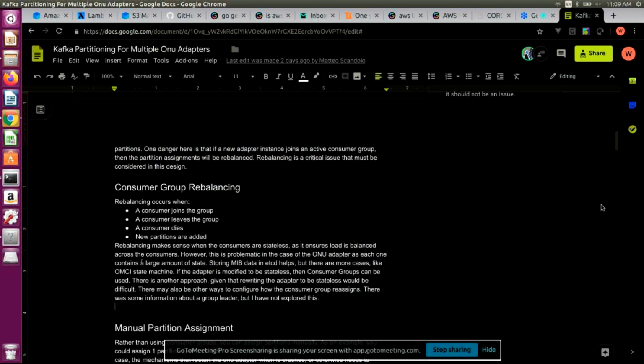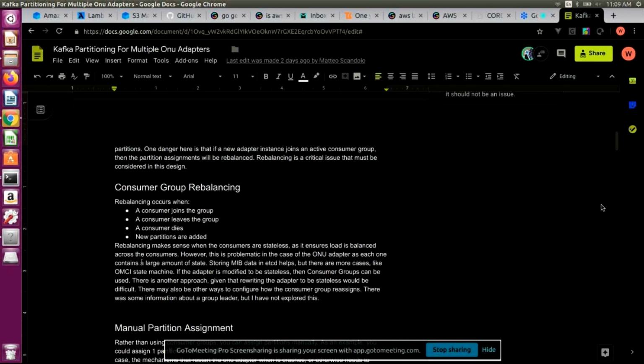It doesn't help to give one partition to multiple consumers because you can't divide it any further. So the smallest granularity you can get is one partition per consumer. So if you reach the point where there's one consumer per partition, you have to do something to scale up, which means adding partitions and adding consumers.